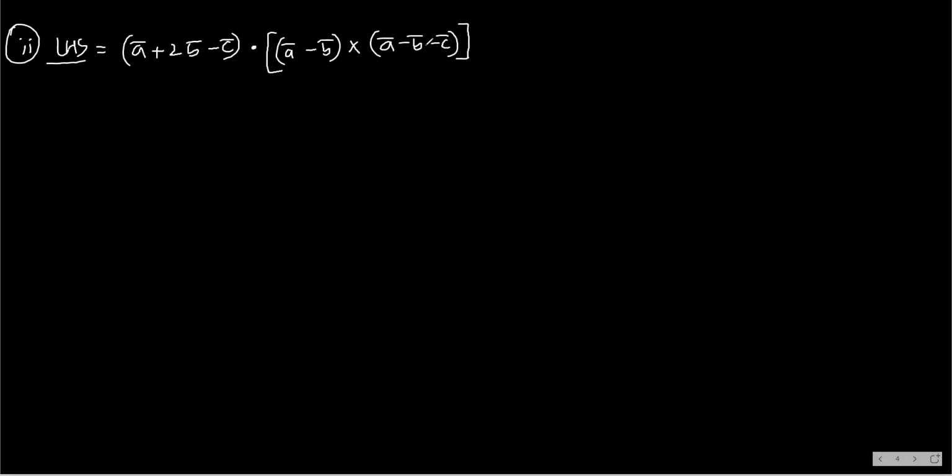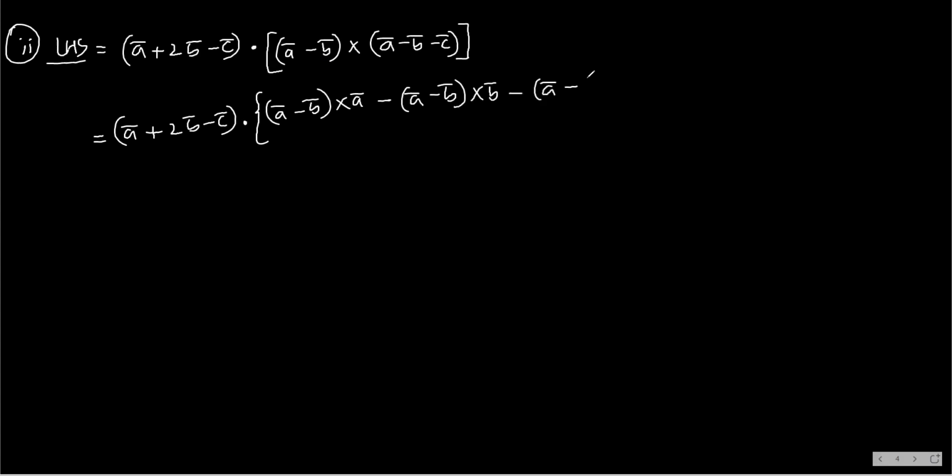So in the next step, you get a bar plus 2b bar minus c bar dot, you have (a bar minus b bar) cross a bar minus (a bar minus b bar) cross b bar minus (a bar minus b bar) cross c bar. Now once again the distribution, but this time it is from the right.